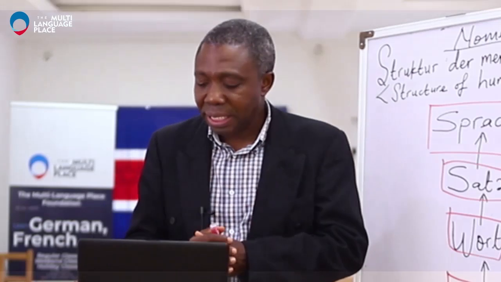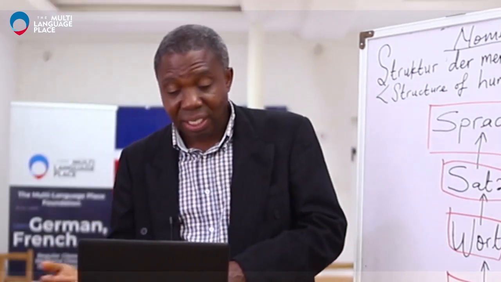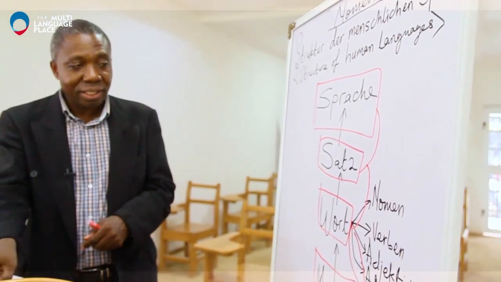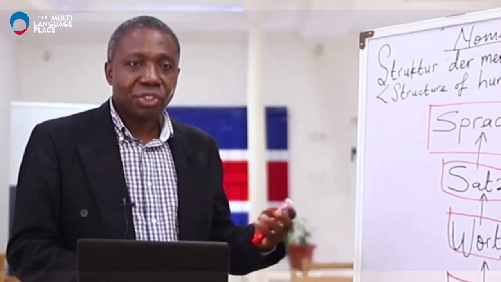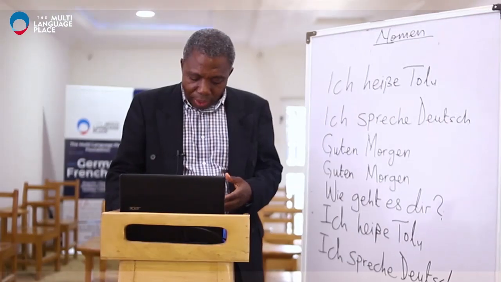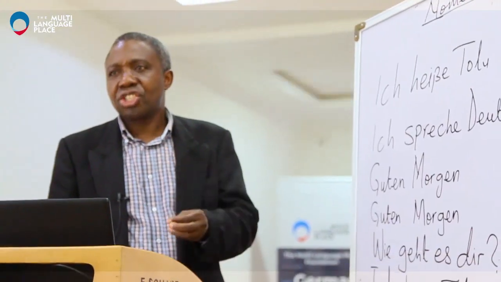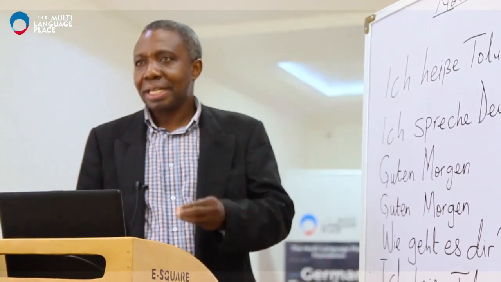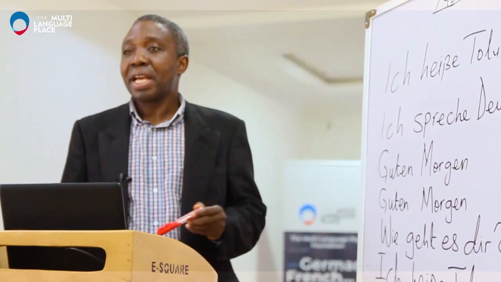If it's at the middle of the sentence, you write it with initial capital letter. If it's at the end of the sentence, you do the same. You write it with initial capital letter. We're going to see something now that will help us to do this. German nouns are written with initial capital letter, doesn't matter where it stands in a sentence.